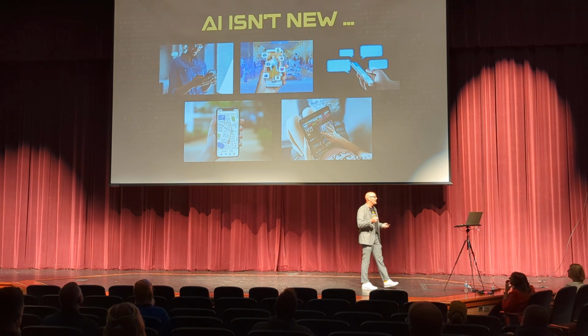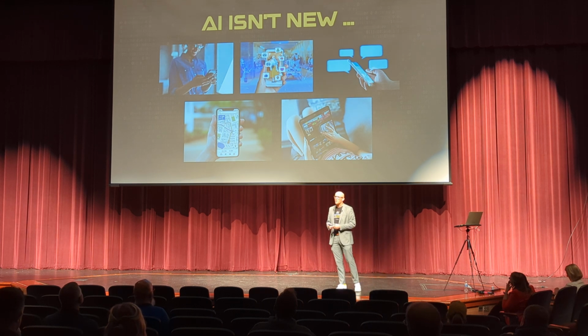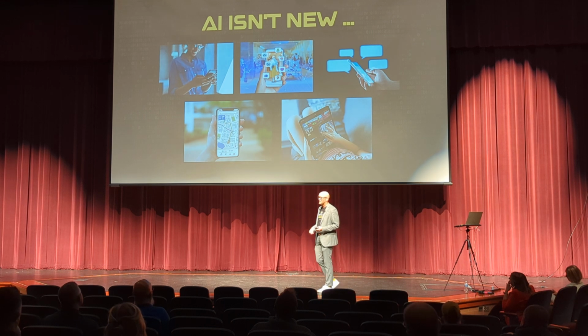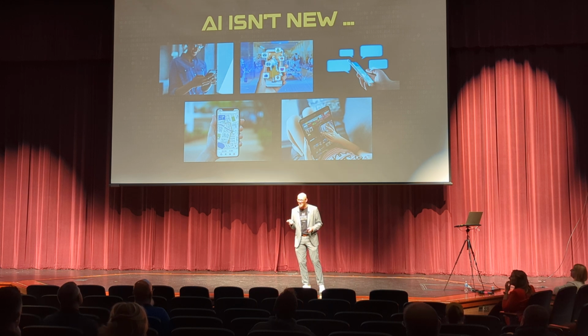Artificial intelligence is in the GPS directions that we get from our map apps. It's in the autocorrect and the autocomplete in our text messaging, although I don't know about you, but I feel like my autocorrect is more like artificial stupidity than artificial intelligence.